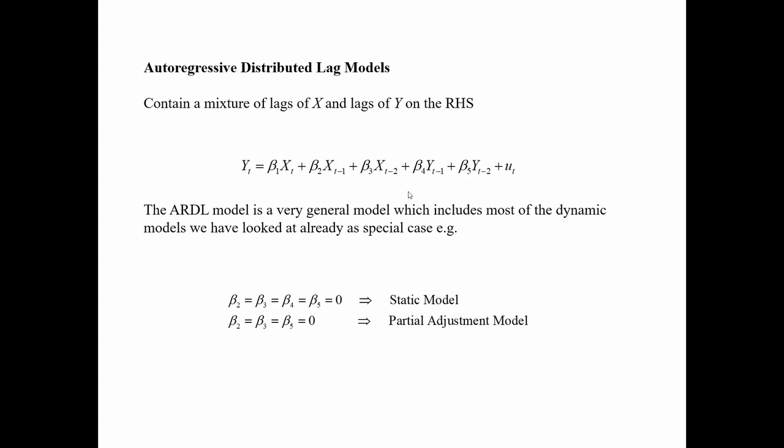Essentially, it's going to be a general model which encompasses all sorts of special cases that are of interest to us. This is potentially very useful because it means we can start from this very general framework and then we can test any restrictions which will allow us to write the model in a simpler form of the kind that we've dealt with previously.